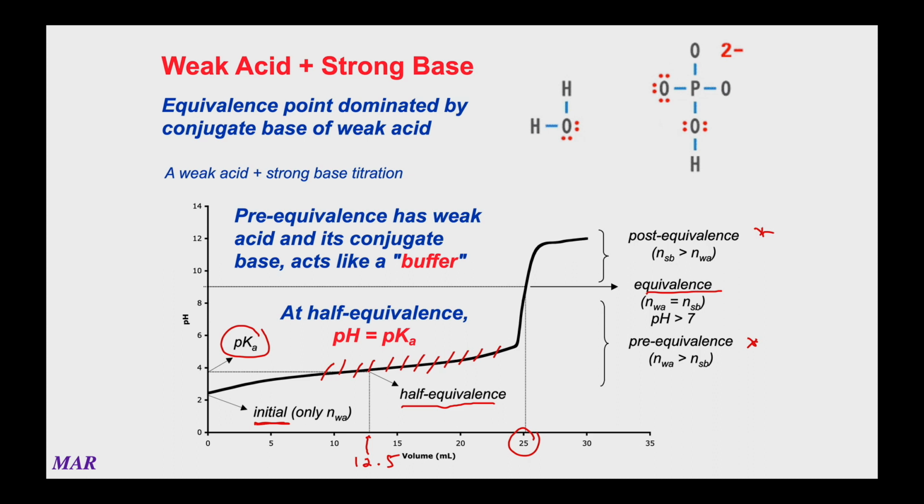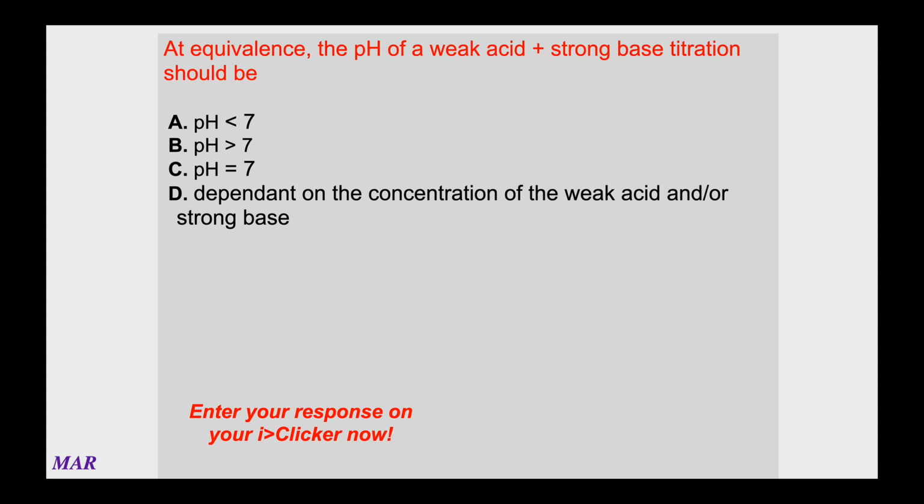It's pretty cool. At equivalence, the pH of a weak acid plus strong base titration should be, and there are all these different values. In the last chapter, we thought about what happens when you have equal moles of weak acid and strong base. The strong base pushes the reaction to the product side, and if the moles are equal, which is what equivalence means, all the strong base and all the weak acid have been reacted.